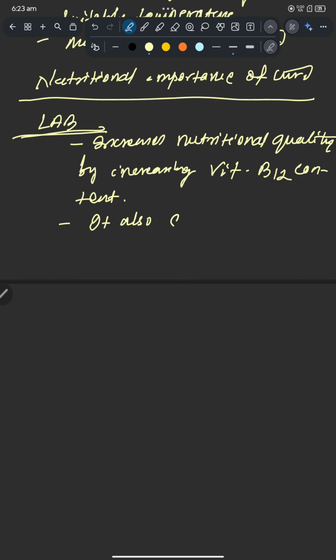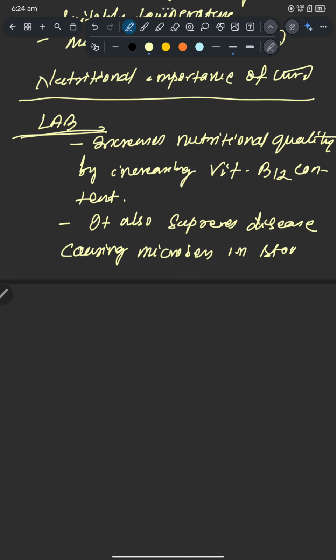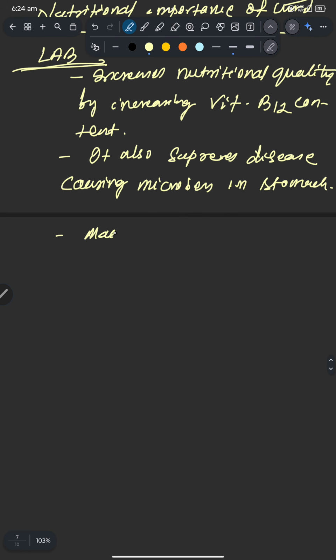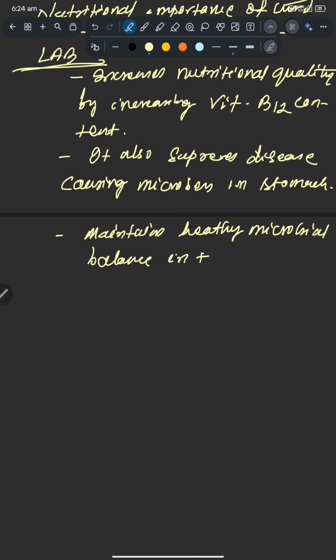LAB also suppresses disease causing microbes in our stomach, and it also maintains healthy microbial balance in the stomach.